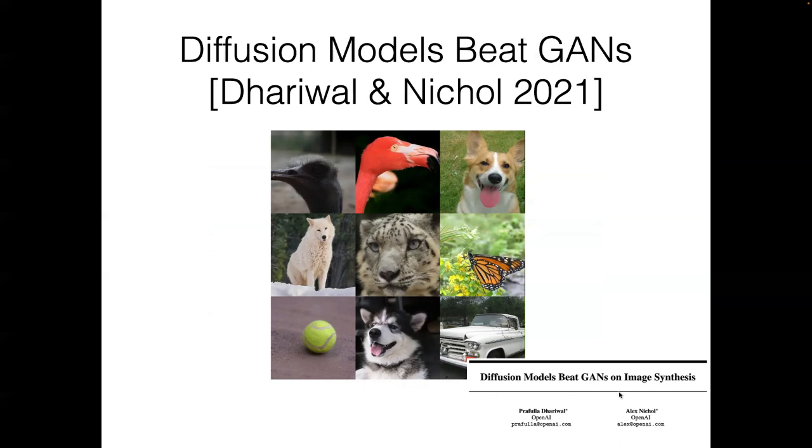Then this paper from these two authors at OpenAI made a bunch of modifications and improvements to the diffusion training, and they were able to produce really nice images that outperformed the GAN models. So a lot of people started paying attention to diffusion models as a potential alternative or replacement.